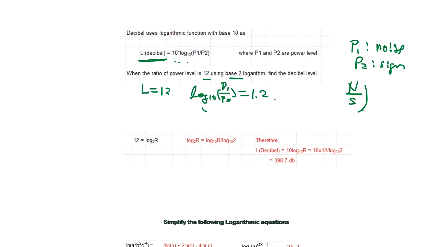So this one is log P1 over P2 over log 10.